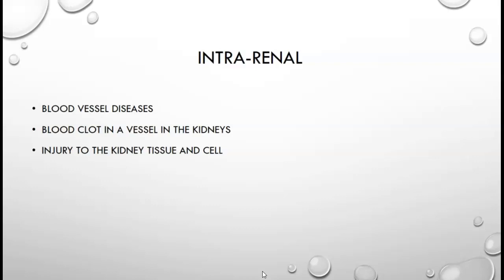Polycystic kidney disease is also something in the newborn period that, if bad enough, can cause hypoplastic lungs, so their lungs don't develop correctly, and can cause fetal death or neonatal death.